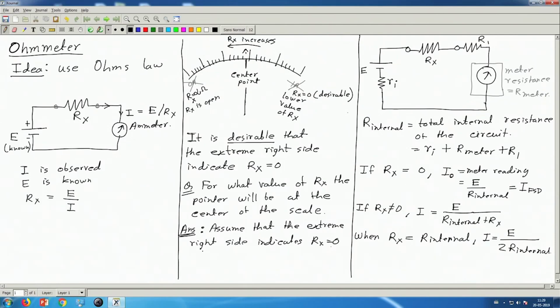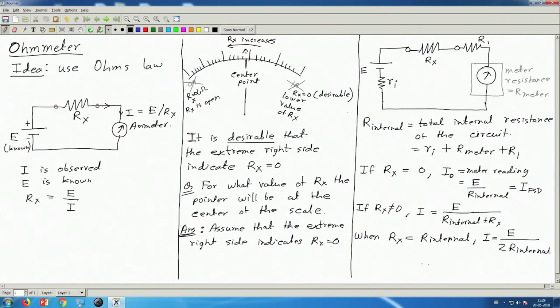That means when Rx equal to 0, the full scale deflection current flows through this meter. So, I can also write this as IFSD.